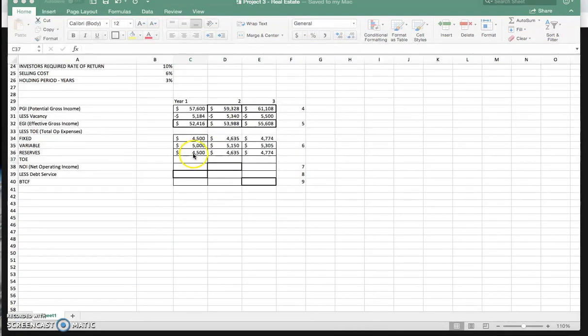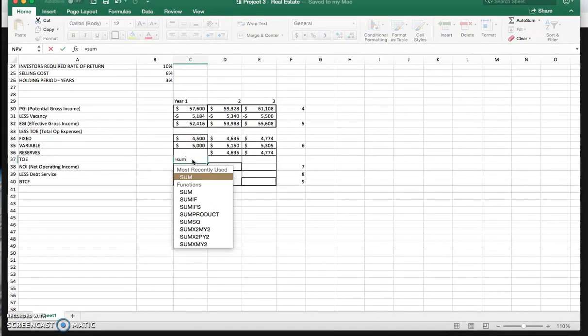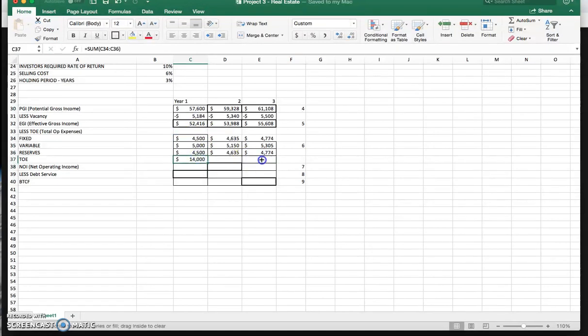Total operating expenses is just the sum of the 3 numbers. So I'm going to do that real quick. Drag that across.